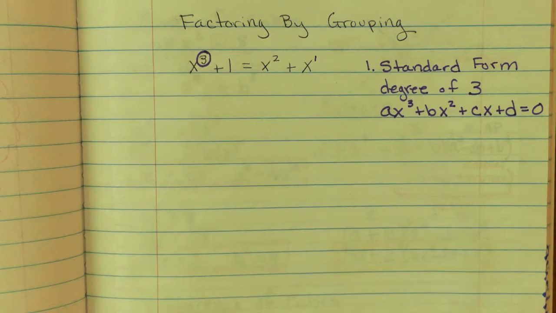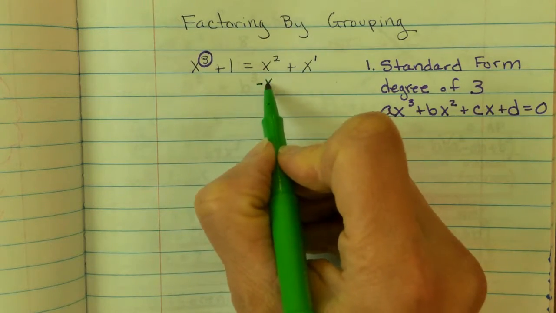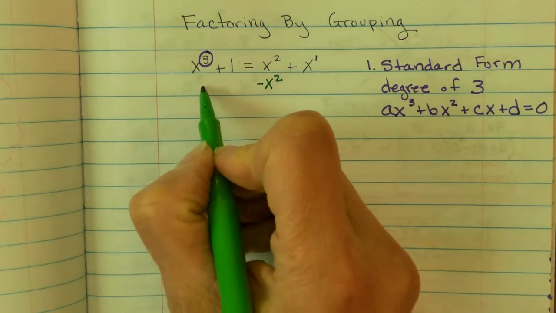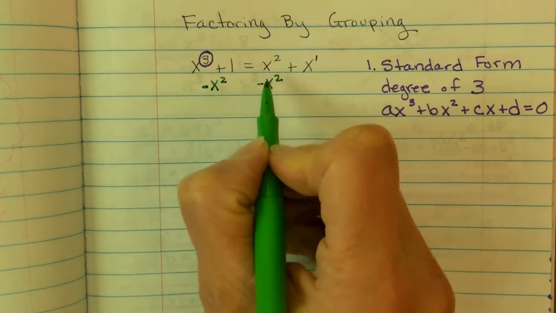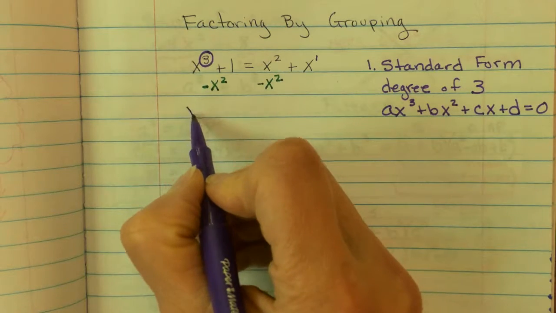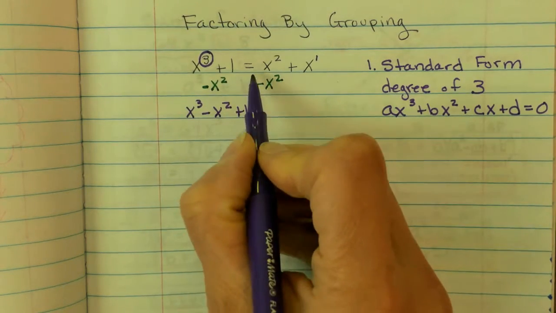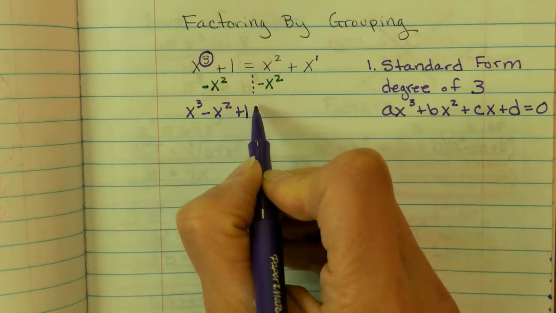That means I have to do some algebra to get this in standard form before I can start to factor. Which means I'm going to subtract my x squared from the right side to bring it to the left. This gives me x cubed minus x squared plus 1. Don't lose track of that equal sign.